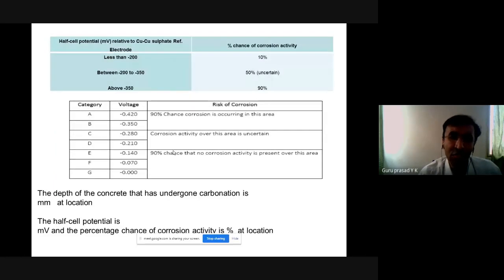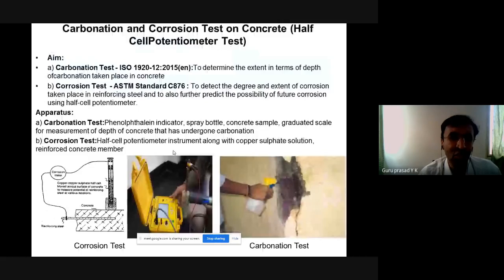First you perform the carbonation test, then you use the corrosion test, the half cell potentiometer. What are the components of the half cell potentiometer? Basically, you will have a positive and a negative, a cathode and an anode. You'll have copper sulfate solution filled in, actually you'll have two probes.